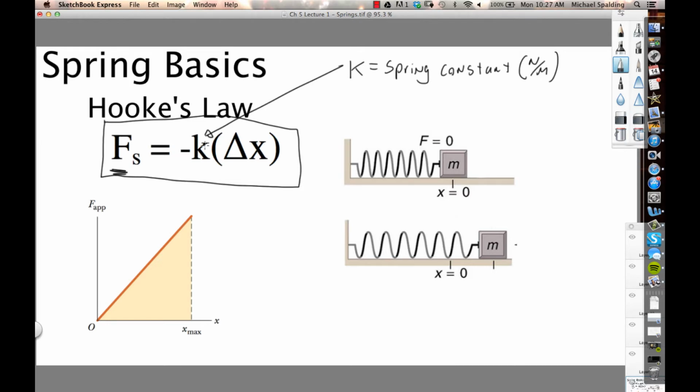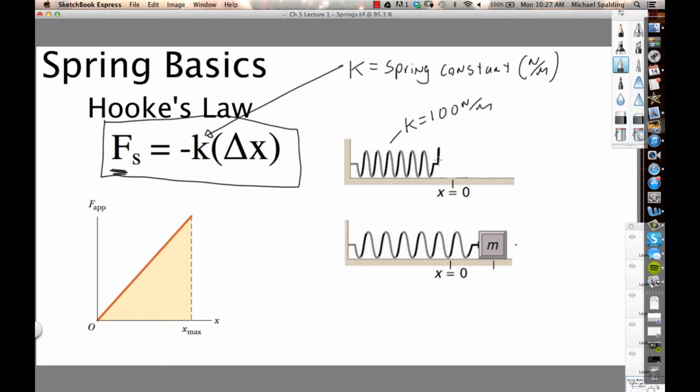So if you take the spring constant of a spring and multiply by the displacement of the spring, which is simply how far the spring was stretched or compressed, that's going to give you the force. So let me make this really super duper clear. Say I take this spring right here, and I'm going to give you the spring constant. Let's say that this spring has a spring constant of 100 newtons per meter.